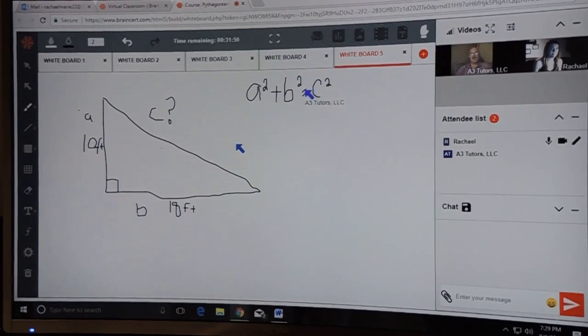When you see this equal sign, you know that you're dealing with an equation. So we can solve the equation if we know two of the sides. We can solve for the third side. So let's go ahead and put some data in. Let's put in A first. Do you want me to do it? Yeah, if you would, just go ahead and write it in.